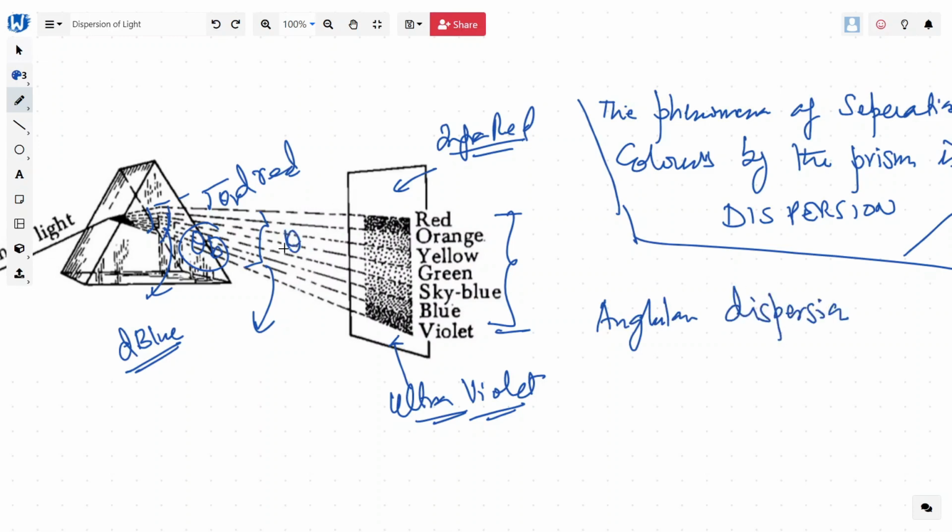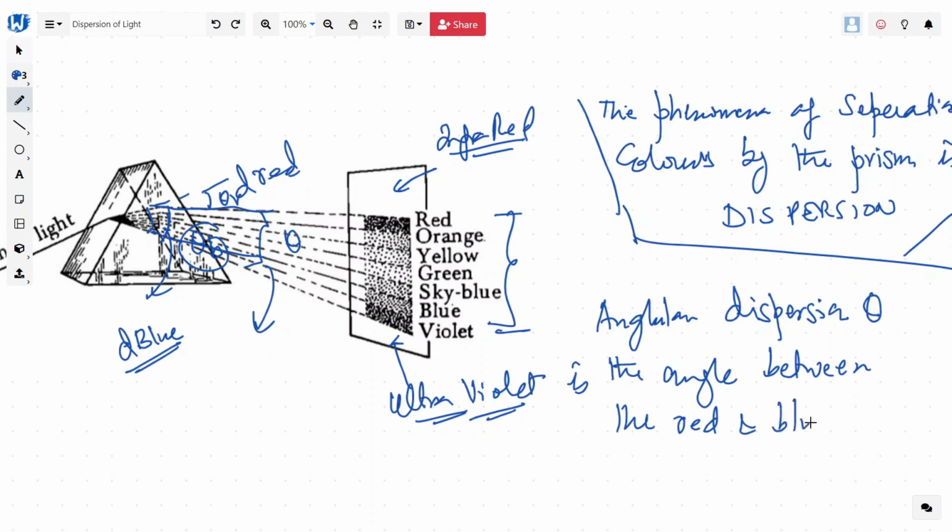Let's call this angle theta. The difference between the blue and the red is called theta, and it is the angle between the red and the blue rays.